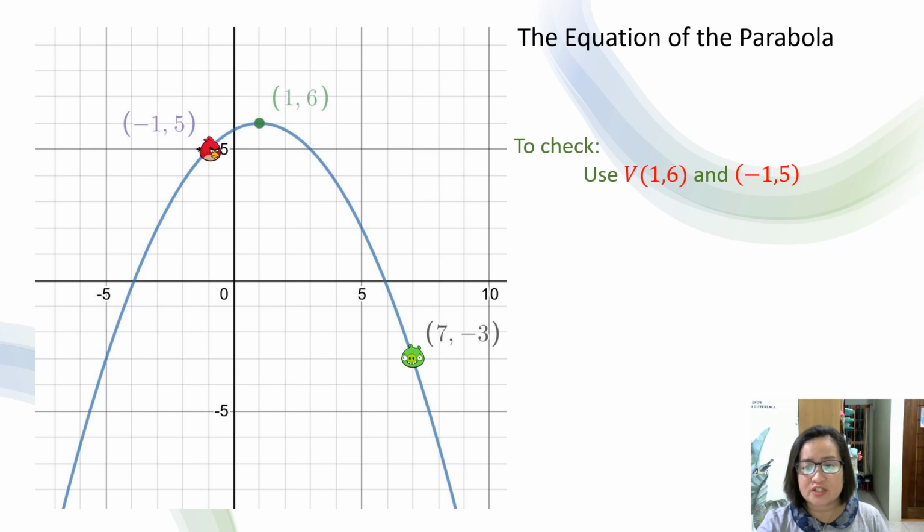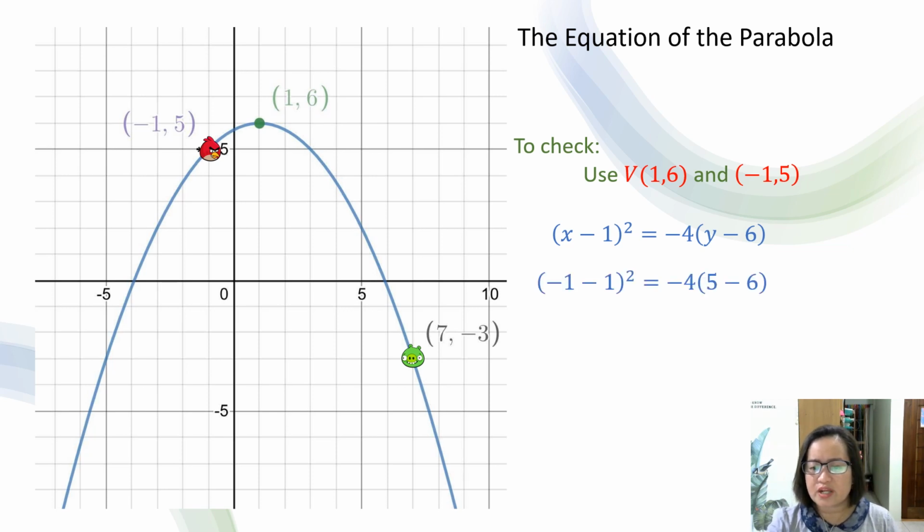We can check using the vertex 1, 6 and the coordinates of the other point, which is -1, 5. After substituting to the given format, we will get -1 minus 1 raised to the second power and -4 times 5 minus 6.